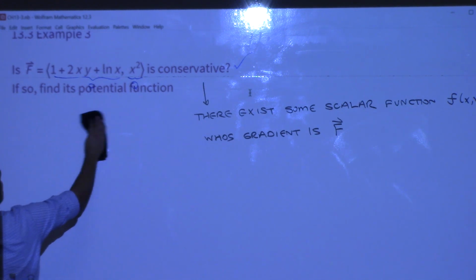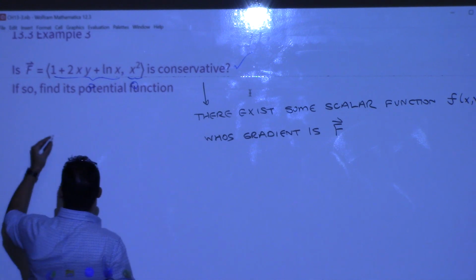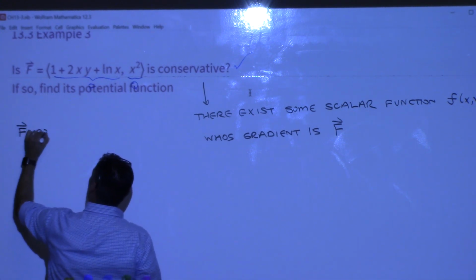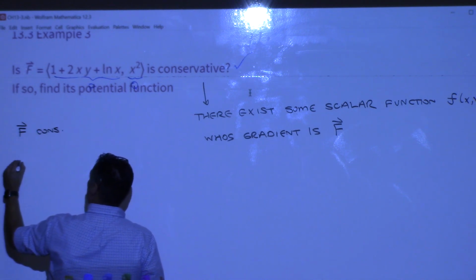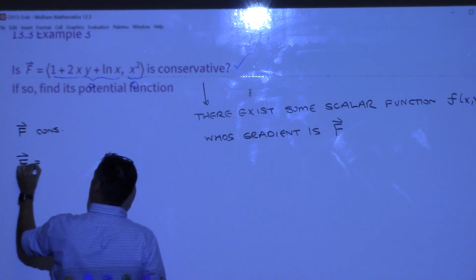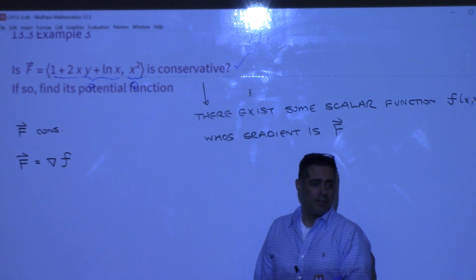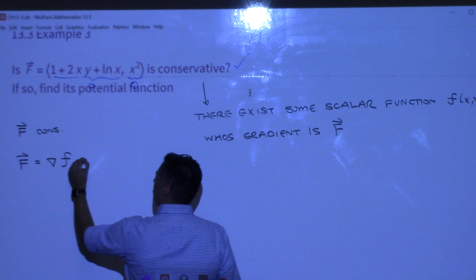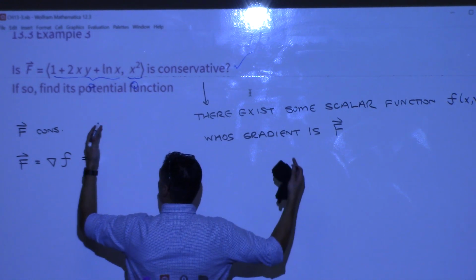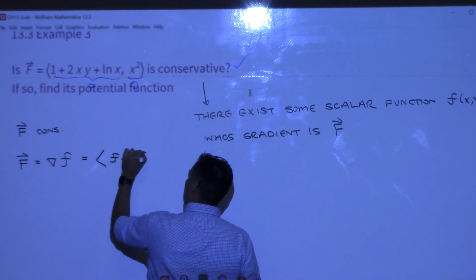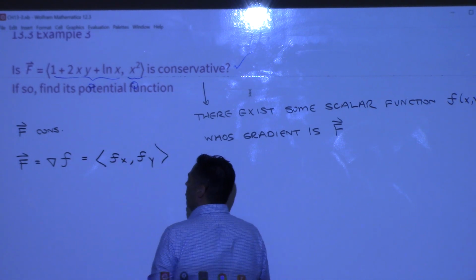Okay, so here, let's write down what we know. All right, here's what we know. We know F is conservative, right? F conservative means that F is the gradient of some scalar function. We just don't know what it is, right? And I know that the gradient of a scalar function, in this case because it's two-dimensional, should be the partial of f with respect to x, partial of f with respect to y, right?